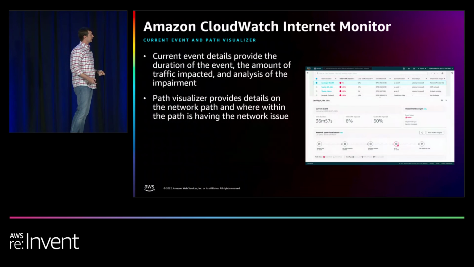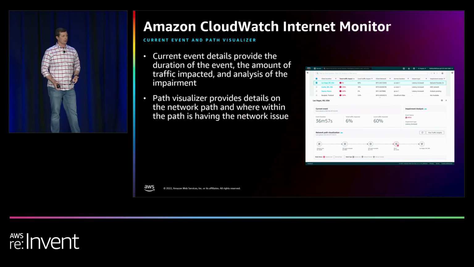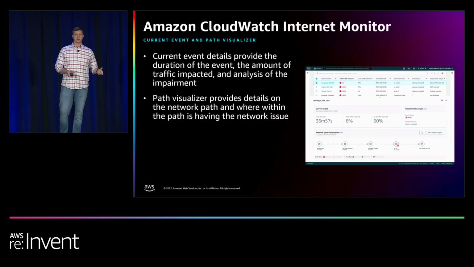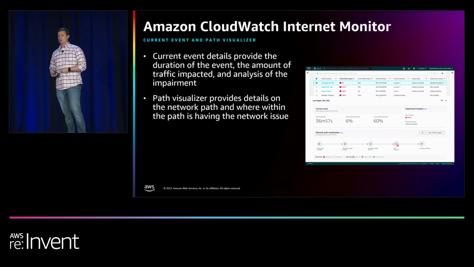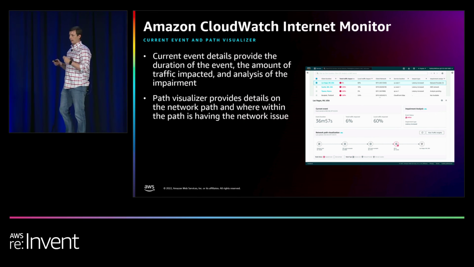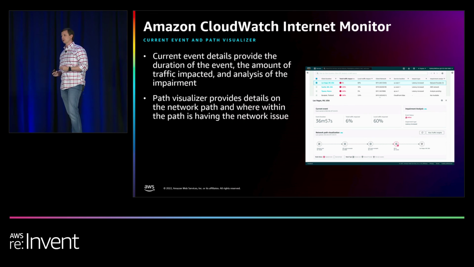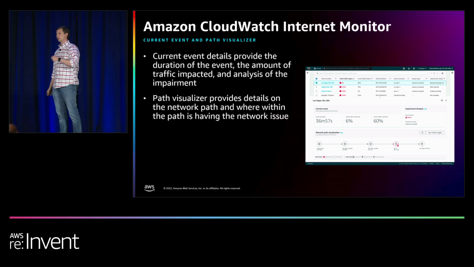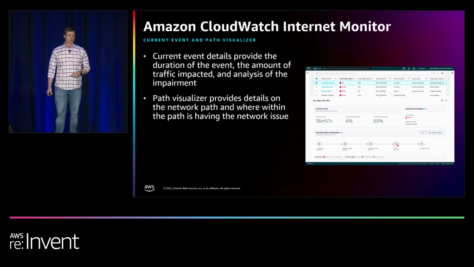You're able to understand exactly how long this event has been happening, the number of users, the percentage of users that are affected by this, and what type of event it is, to understand how users are connecting to your applications, and whether or not it's an internet-facing issue compared to an application or a network issue on AWS.